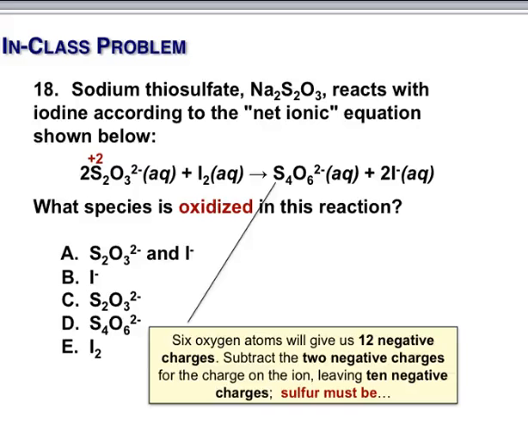But after all, we have to save 2 for our charge. That gives us 10, right? Here we have 4 sulfurs and we have 10 charges. What is the charge on the sulfur? 10 divided by 4 is 2.5.